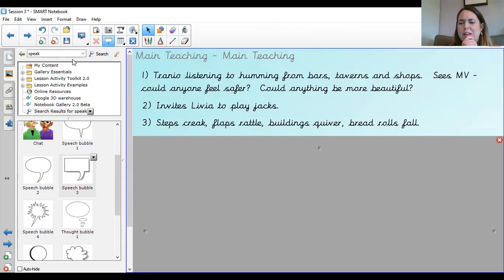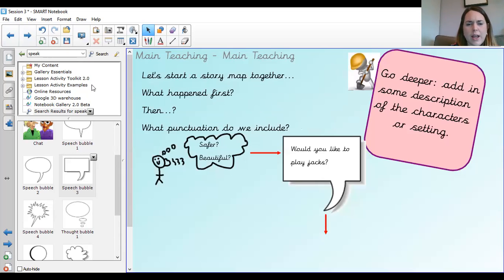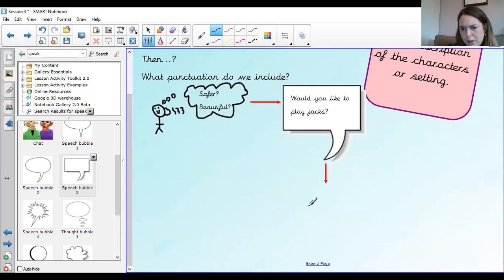How am I going to draw this? I am going to draw a house that looks like it might be quivering, I think. There we are. Let's put my house like that. Like I said, it does not have to be beautiful drawings.